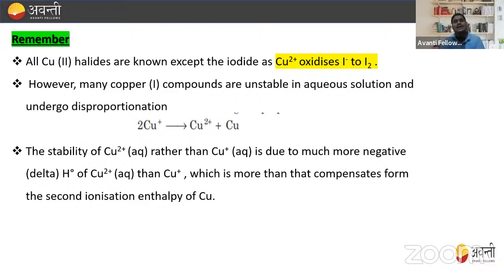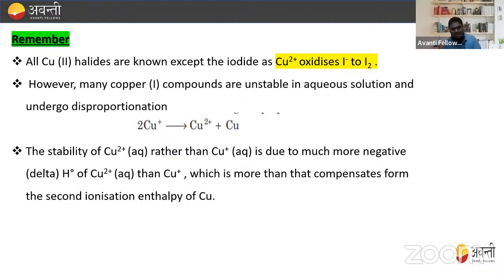All copper +2 halides are known, whether you make copper bromide or copper chloride, except iodide. Why iodide? Copper iodide is not possible in the +2 oxidation state because copper +2 oxidizes I negative to I2, right?